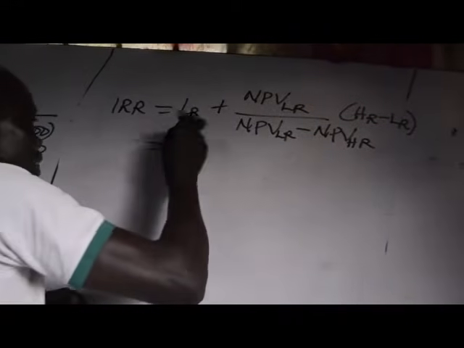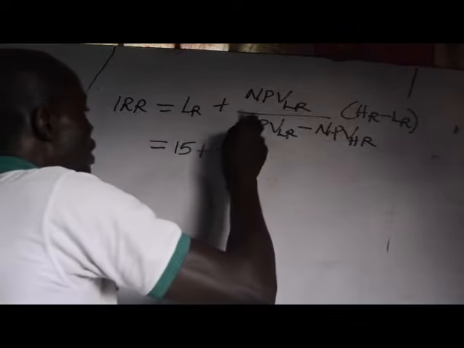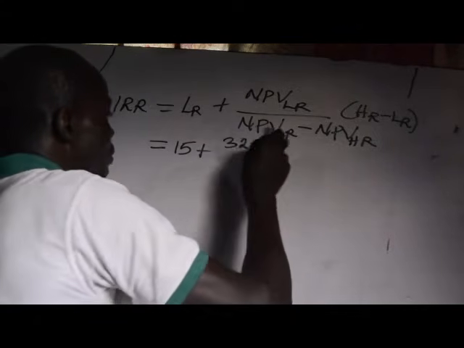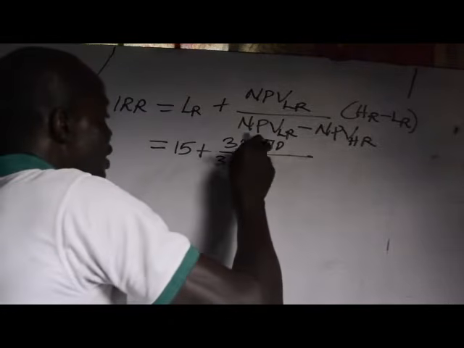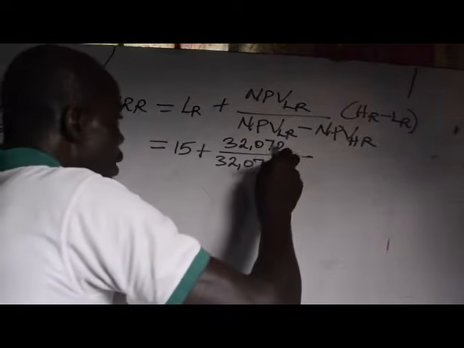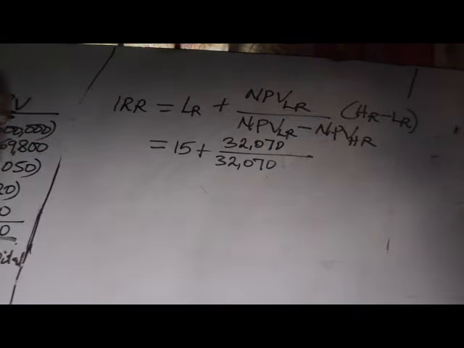Lower rate is 15% plus the net present value at lower rate, which is 32,070, over net present value at lower rate 32,070 minus net present value at higher rate.